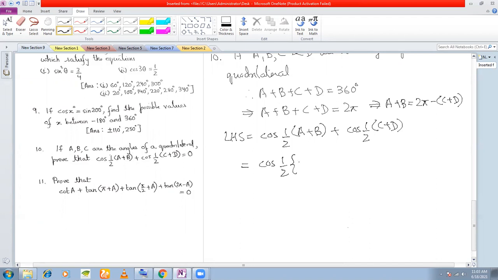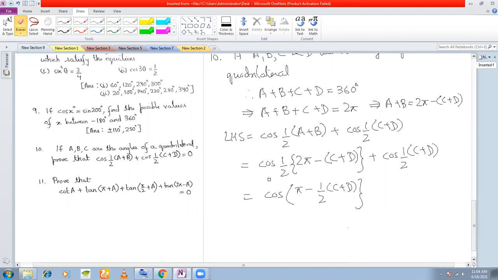This is 2 pi minus C plus D, plus cos half of C plus D. Now you multiply by half throughout, you will get pi minus half of C plus D.